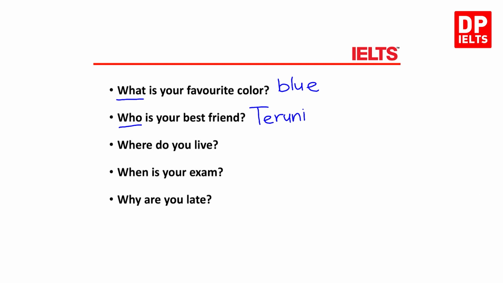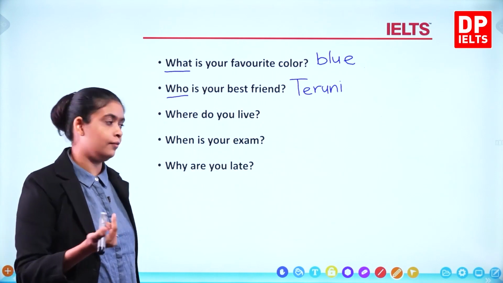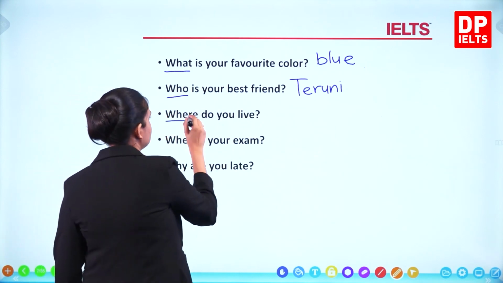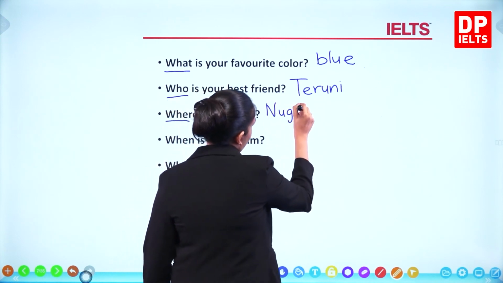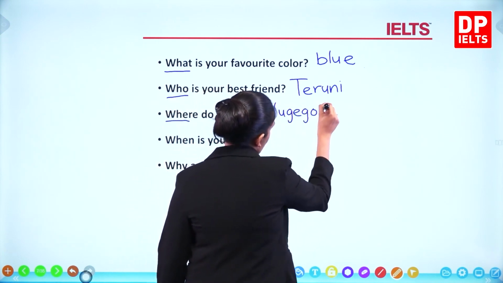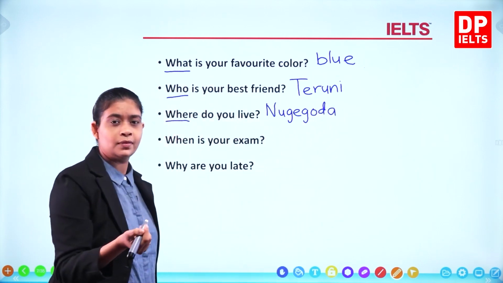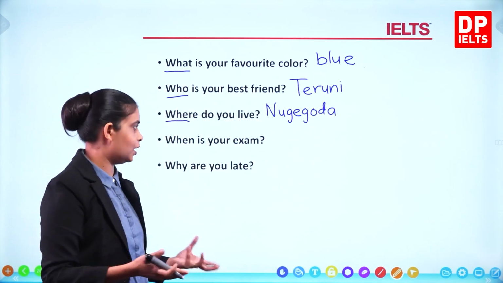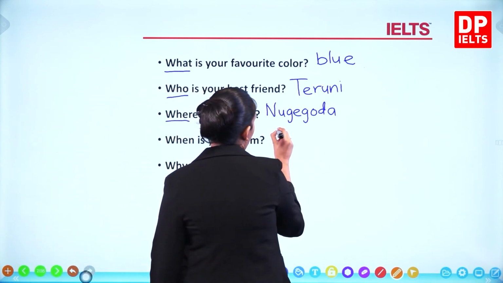உங்களுடைய best friend யாரு? Where do you live? It's a place. Where? So I'm going to say Nugegoda. When is your exam? It's talking about a time frame. When is your exam? In November.